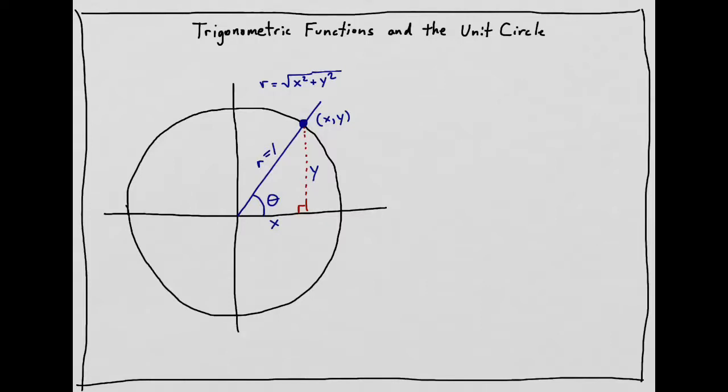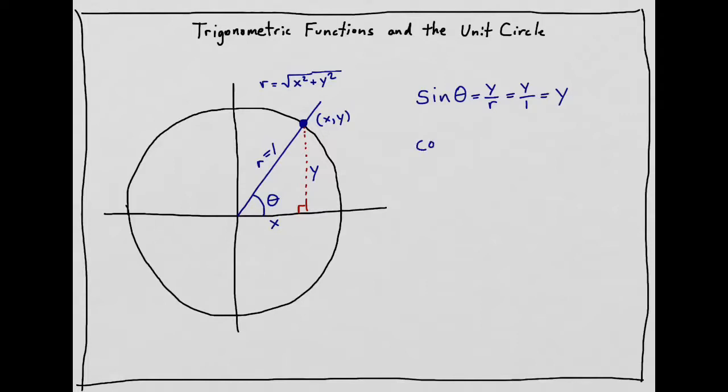So if we think about the trigonometric functions, like sine of theta, as before it's defined as y over r, but in the context of the unit circle, r is equal to 1, so we have y over 1, which is the same as simply y.